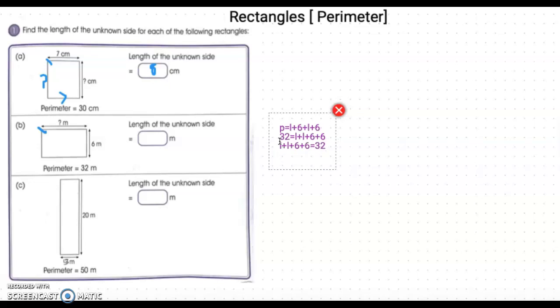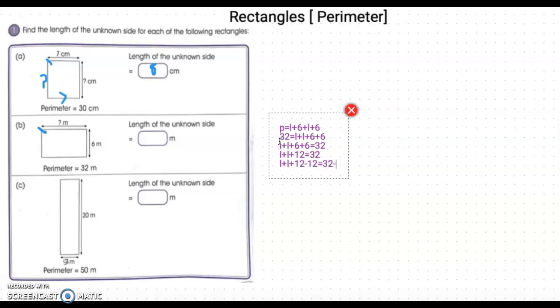Now L plus L plus 6 plus 6, 12, right? I just added it, is equal to 32. And then I want to get rid of that 12, so I will subtract 12 from this side. If I'm subtracting 12 from that side, I must subtract 12 from the other side as well.